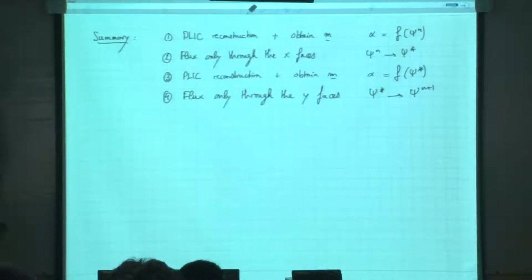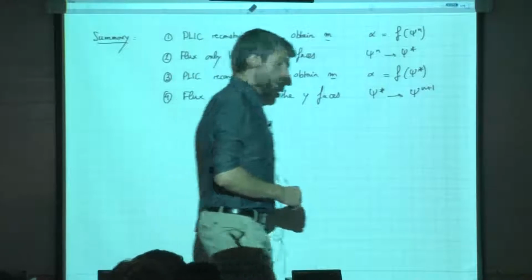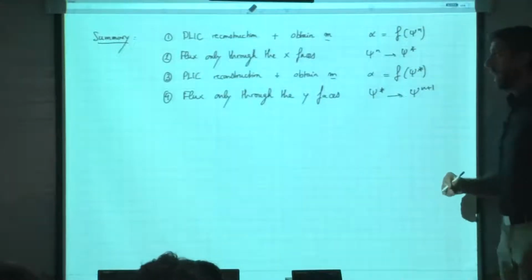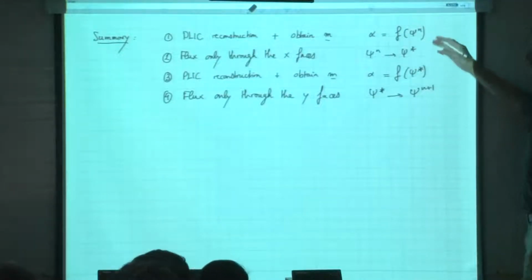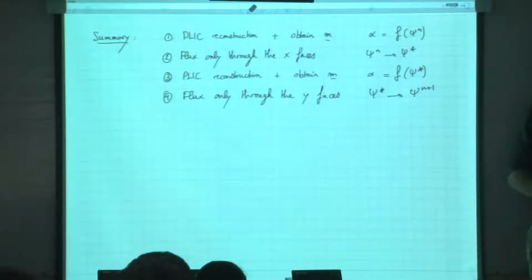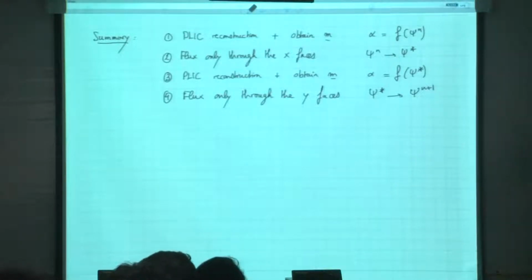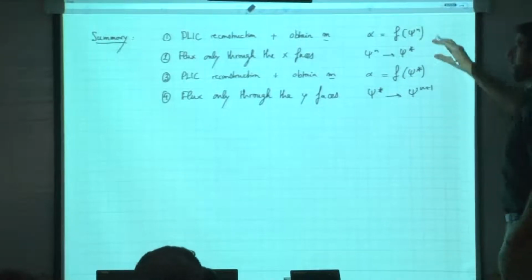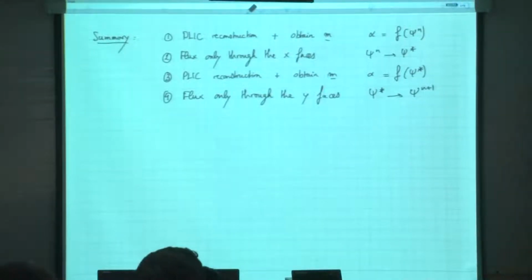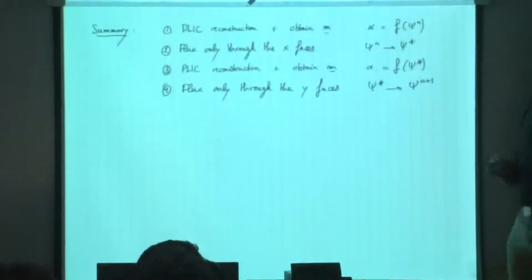If you're in 2D, there's a nice little thing that you can do. This splitting is not accurate. Alternating x transport, y transport is what we call a first order split. There's a first order error incurred in time because of this. You could get back to second order accuracy in time by switching to what's called Strang splitting.